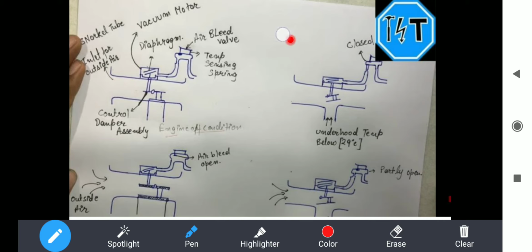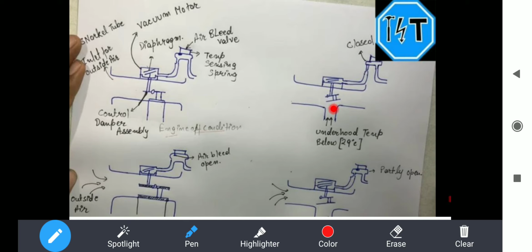From here the inlet for the outside air, very cold air is coming from the atmosphere. Where your bike and car is there, the surrounding climate is cold, so the cold air is entering from this side.